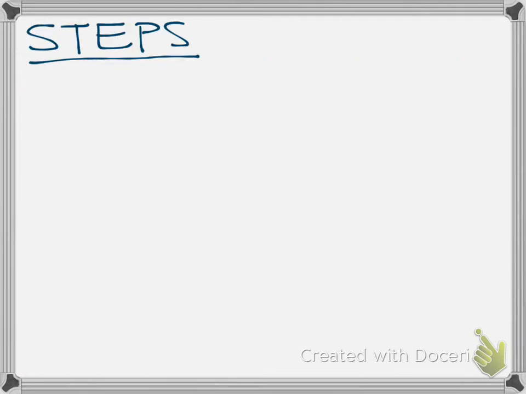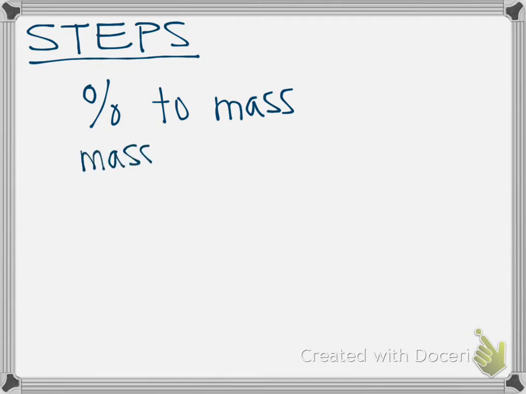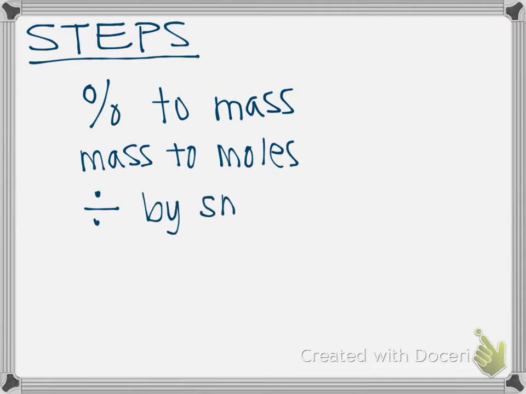Now when solving these story problems or word problems, there's a little rhyme to remember all the steps. And so if you remember this, then you are going to be golden. So it goes percent to mass, mass to moles, divide by small, times till whole.